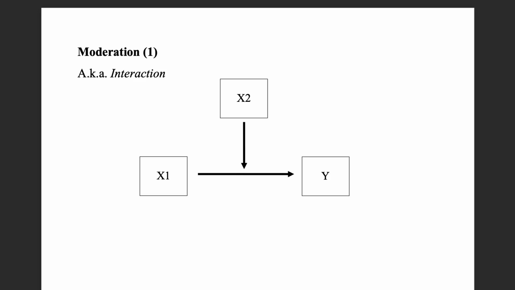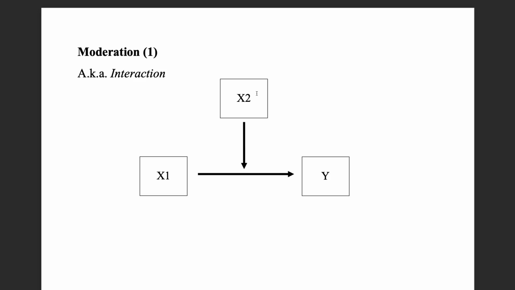If we want to put that into a conceptual model, we draw an arrow from X1 to Y to indicate that this is the basic relationship that we are interested in. But we also know theoretically that that relationship itself is affected by a third variable, an X2 variable. So we draw an arrow running from that X2 variable to the arrow that runs between X1 and Y, indicating that this is not an effect on any of the variables, but an effect on an effect.